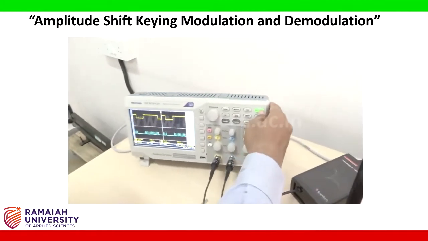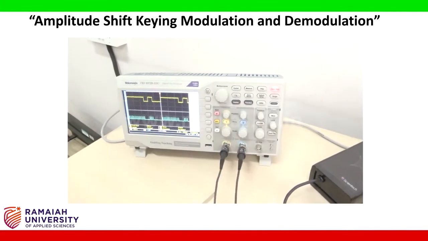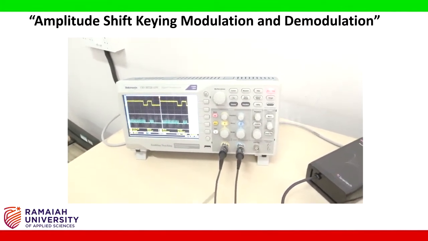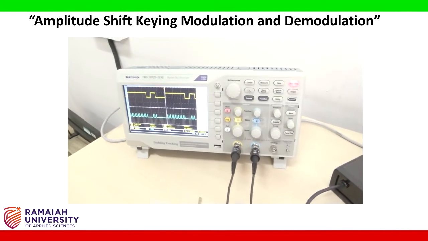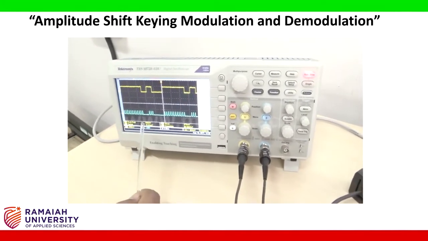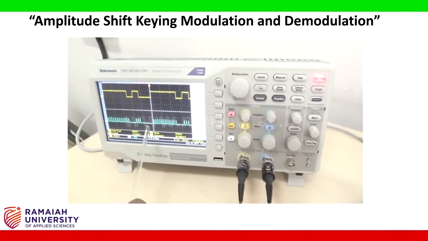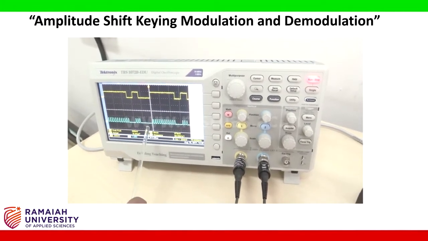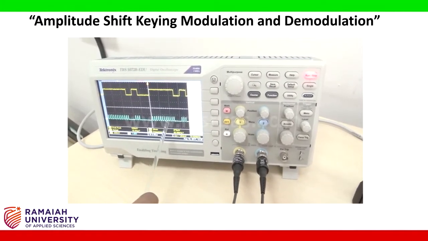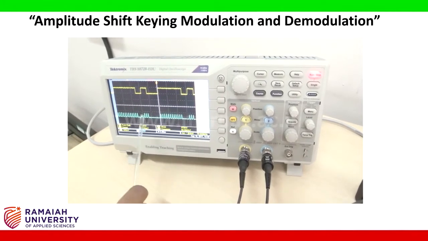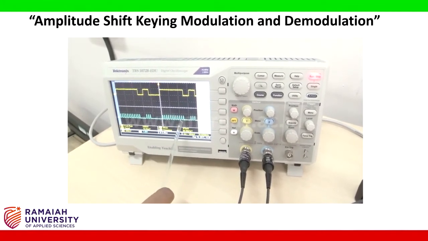Here you can see the half wave rectifier output. Earlier I used to see the full sine waveform. Now I am able to see only the positive half cycles of the sine waveform. This is the half wave rectifier output.